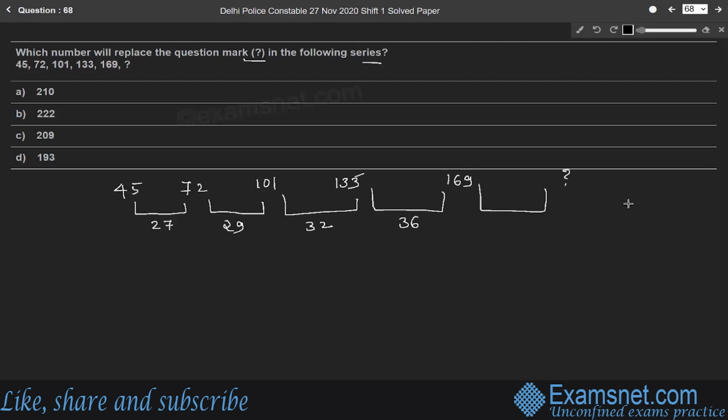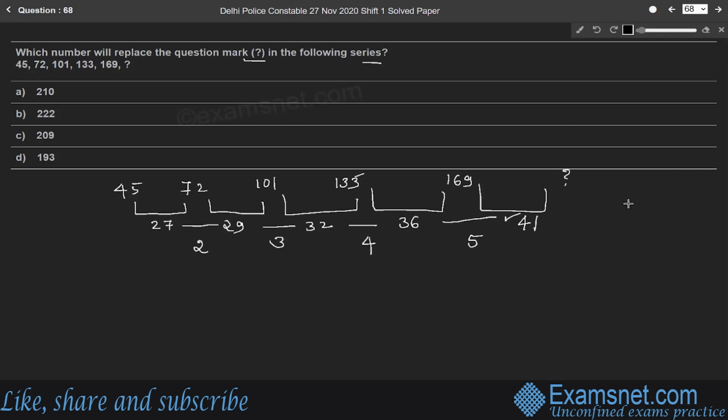So look at the difference between these two differences. Here 2 is the difference. When 2 is added to 27, we'll get 29. Here the difference between two differences is 3. 29 plus 3. Here the difference is 4. So what is the difference to get the next number? This difference has to be plus 5. Then this difference becomes 41.